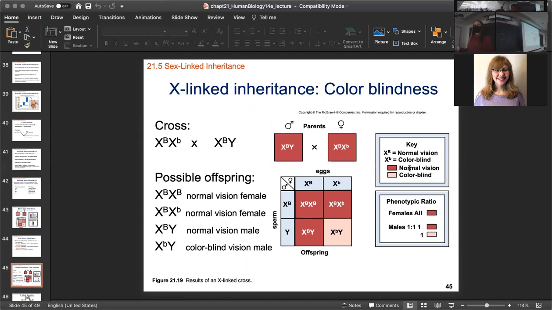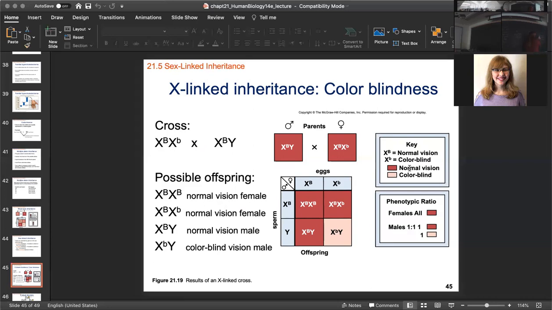Okay, so here's that color blindness example. Now, something to think about is how a female and a male come together to make offspring, okay? The female is always going to give an X chromosome. Remember, we can only give one allele at a time, okay? So no matter what, the female is always going to give an X chromosome here, because male or female, we both have X's.